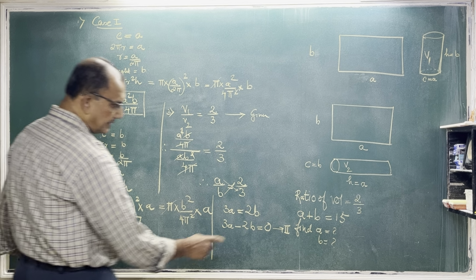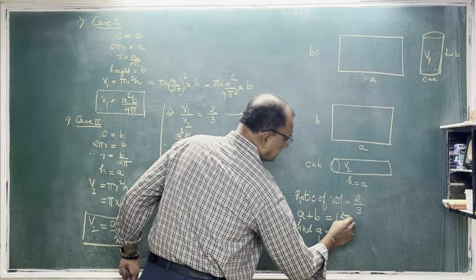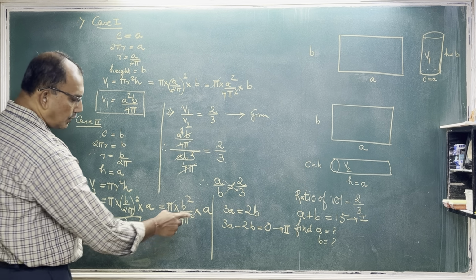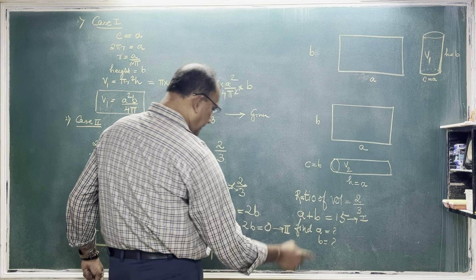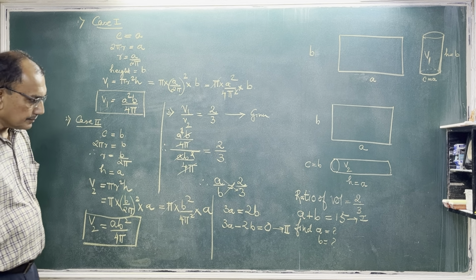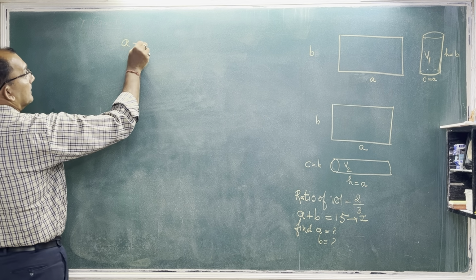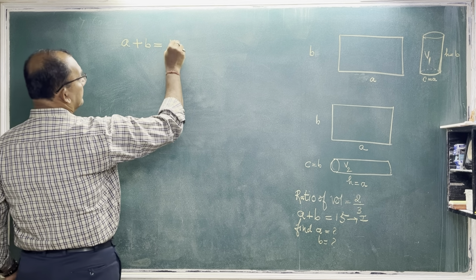Now just children see, they have given us A plus B is equal to 15, which is nothing but equation number 1. Now we have to solve equation number 2 and equation number 1, and then we can come to the value of A and B. A plus B is equal to 15.